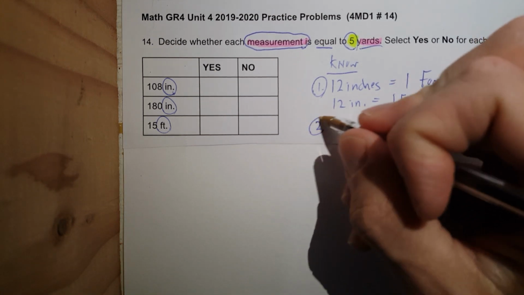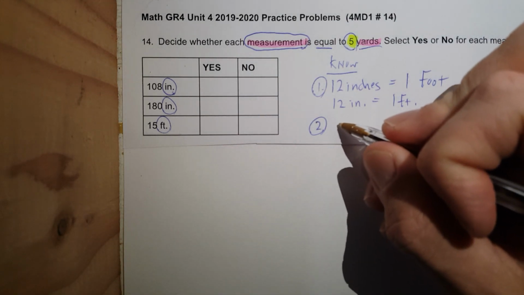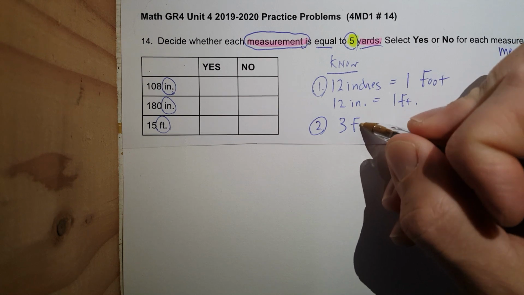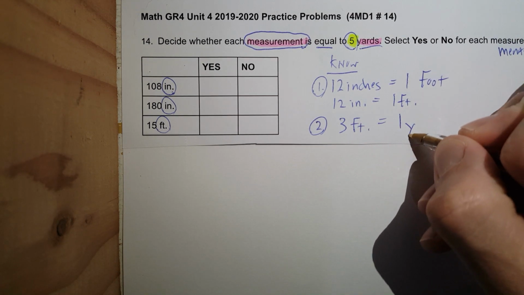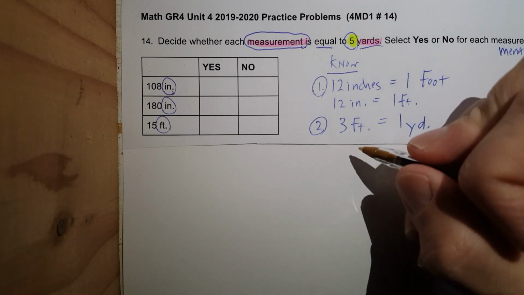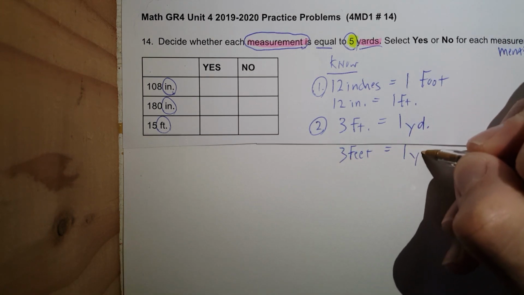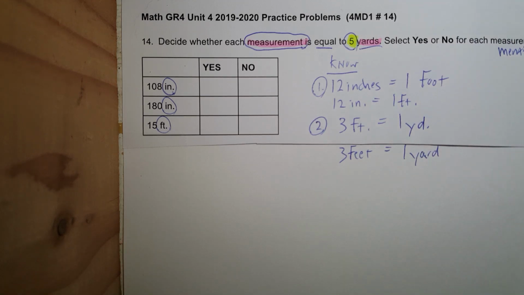What else do I know? I know that 3 feet is equal to 1 yard. Okay, I'll rewrite this one again. 3 feet is equal to 1 yard. So you just need to memorize those.